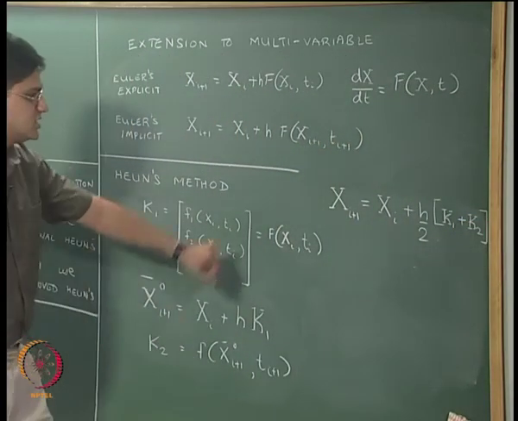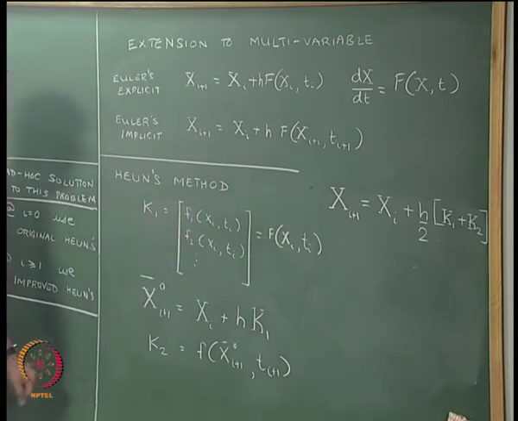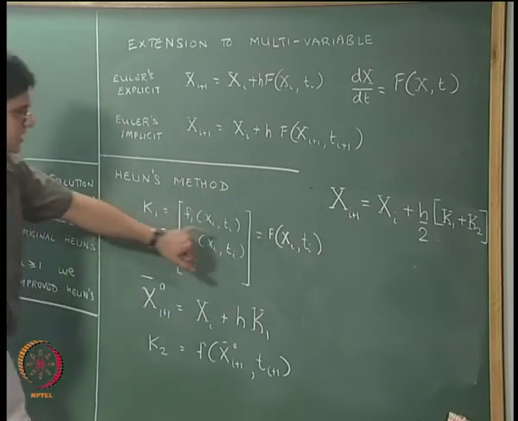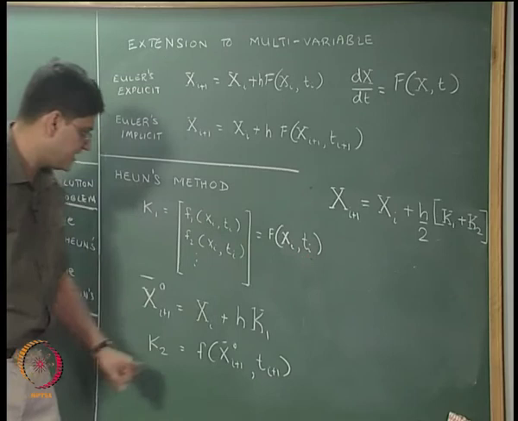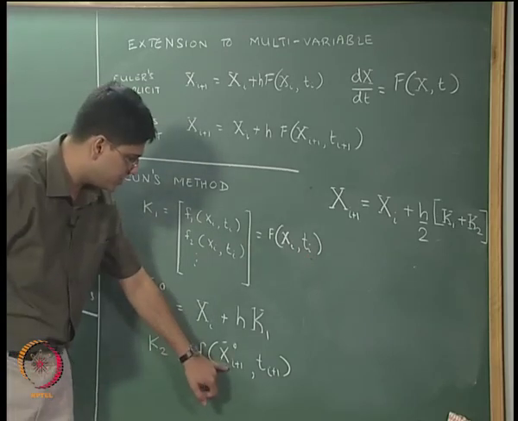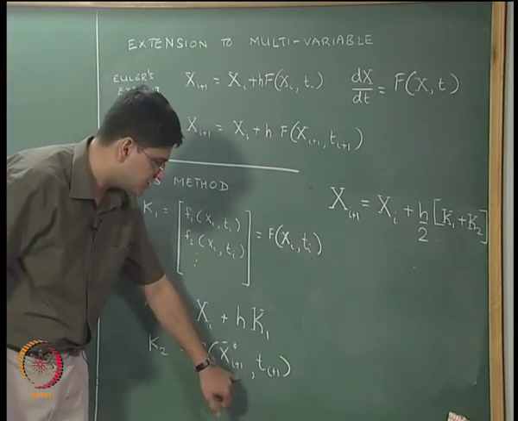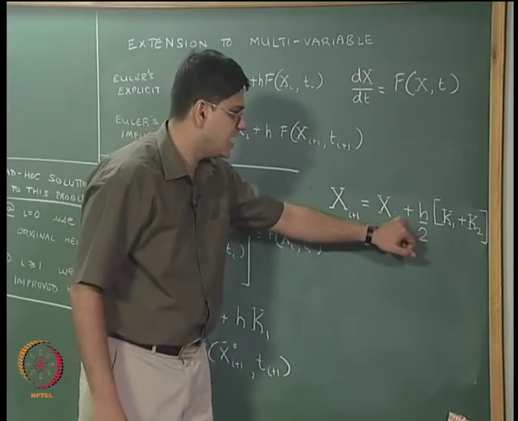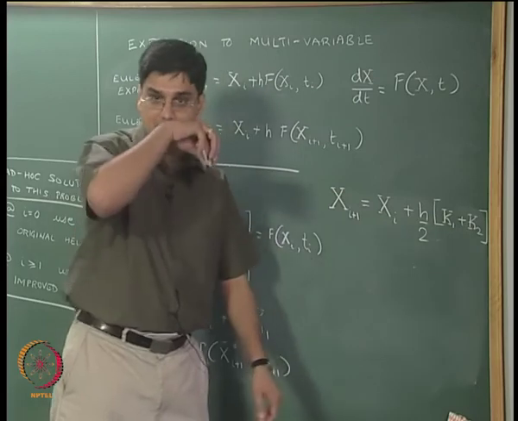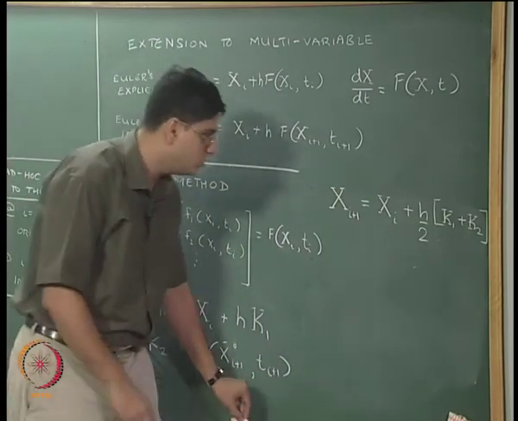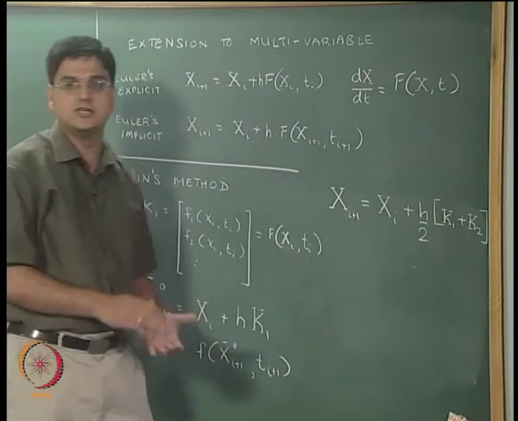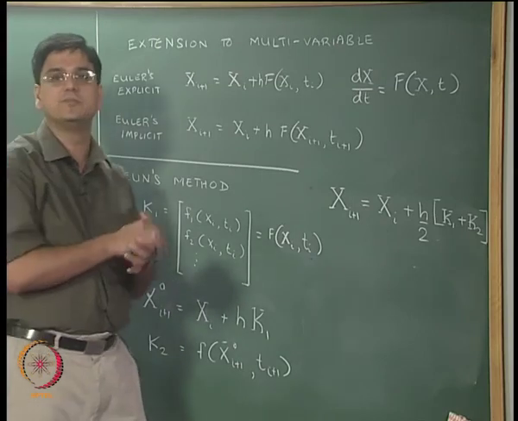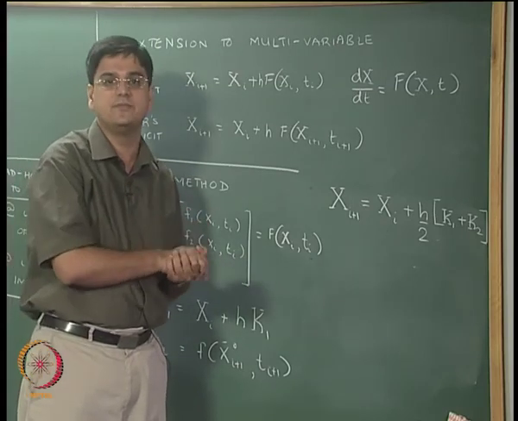So, this is our equation for Heun's method, where K1 is computed as f of xi comma ti, K2 is computed as f of xi plus 1 bar comma ti plus 1, and xi plus 1 is xi plus h by 2 multiplied by the sum of K1 plus K2, where each of these capital letters are not scalars, but vectors of the same dimension.